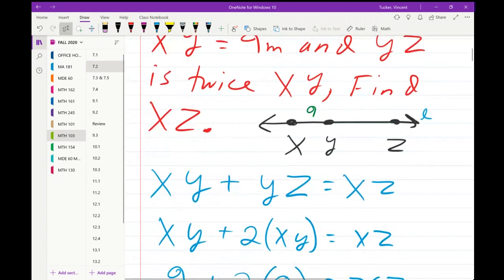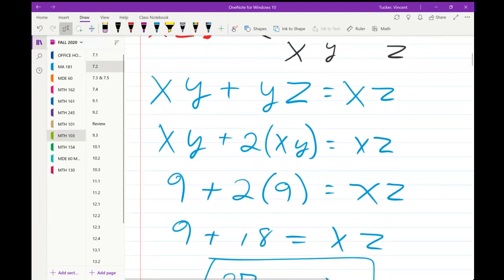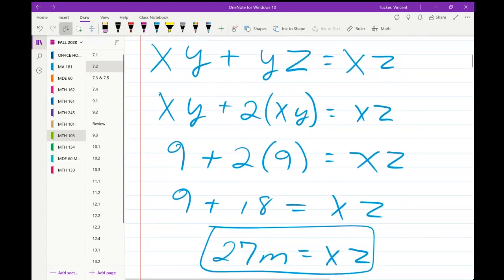So they give us the relationship that YZ is twice XY. I just went ahead and substituted that piece in. Then they told us that XY is equal to 9. So that's where your classmate suggested 18. So that's 9 plus 2 times 9. 2 times 9 is 18, and then 9 plus the 18 is 27.